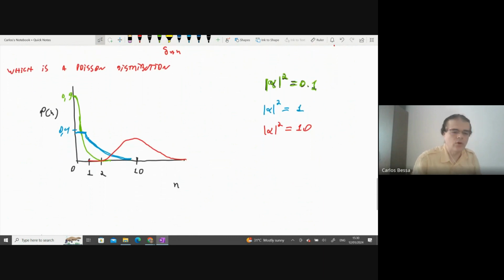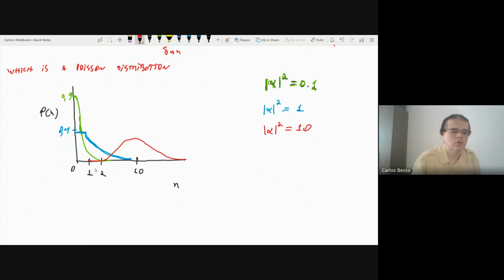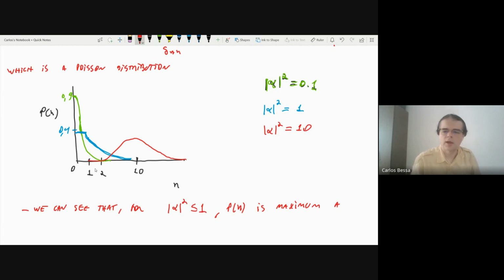So we can see that for alpha smaller than 1, p of n, the probability, has its maximum at n close to 0, n equal to 0.